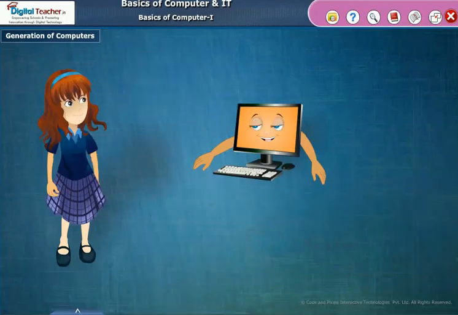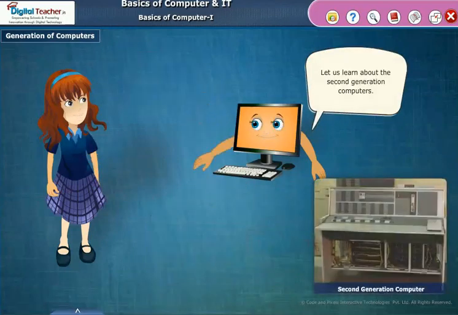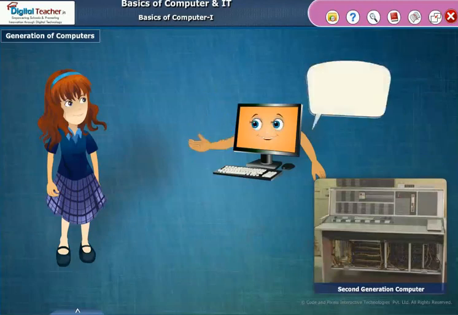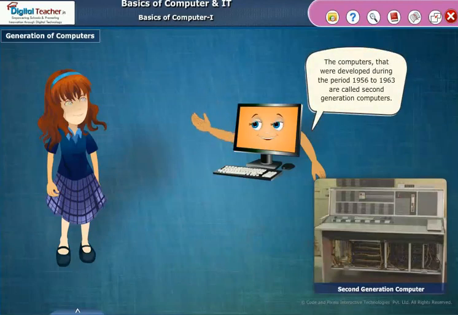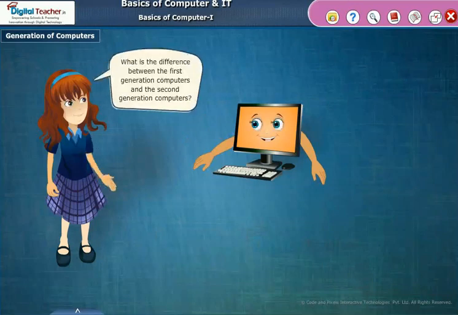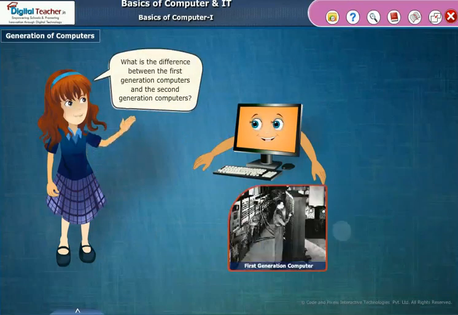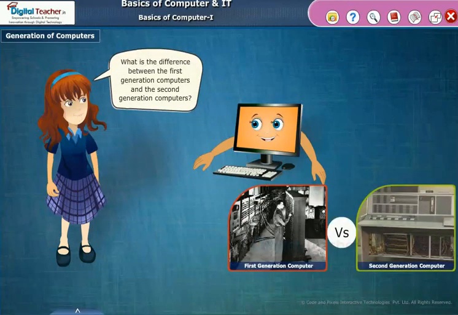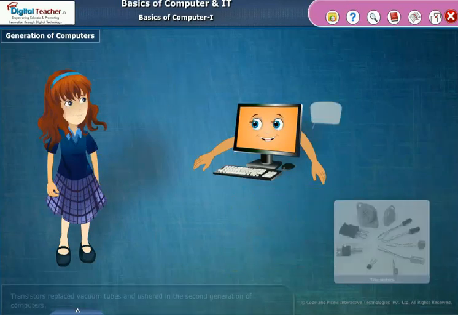Oh! Let us learn about the second generation computers. The computers that were developed during the period 1956 to 1963 are called second generation computers. What is the difference between the first generation computers and the second generation computers?